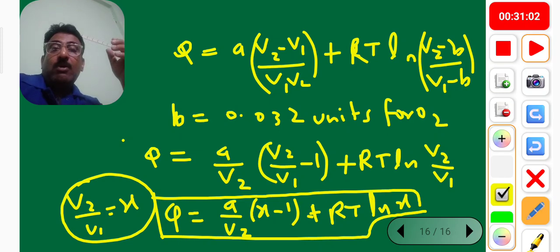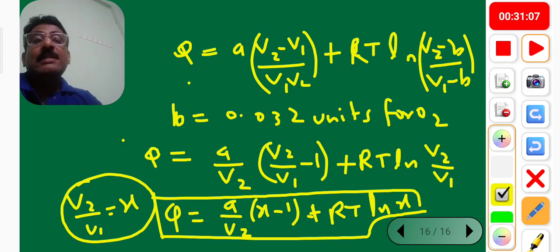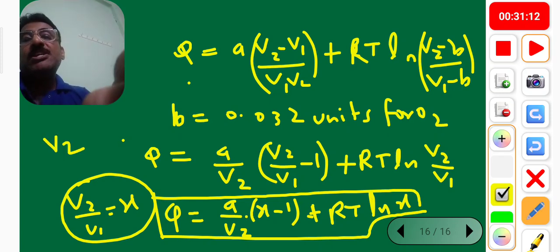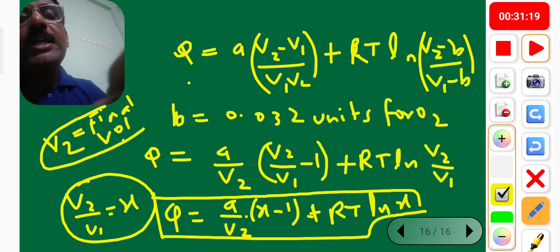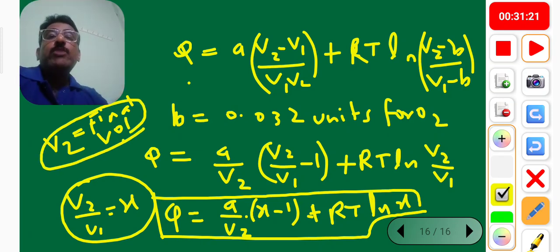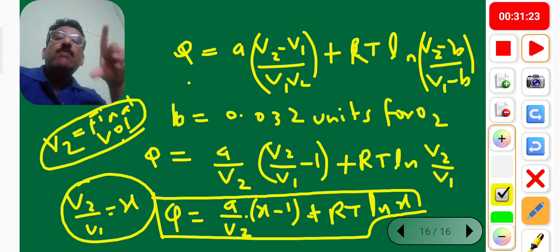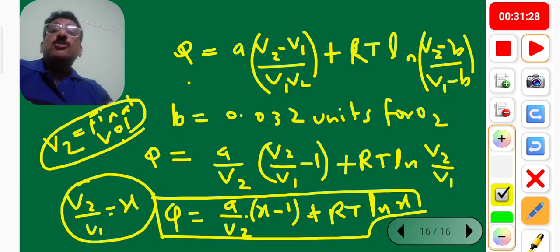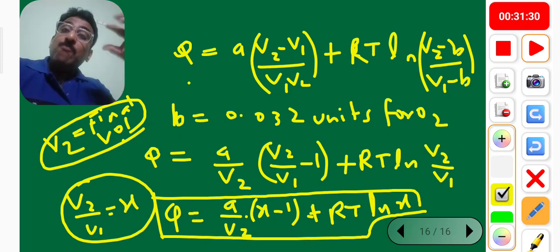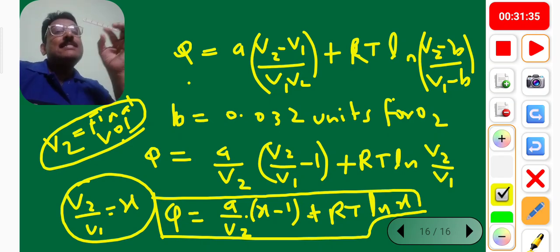The final volume V2 is required here to find the value of X. So this is how we find out the change in volume in the case of a real gas, not an ideal gas.